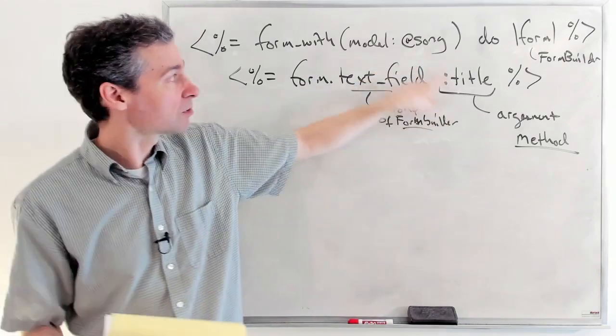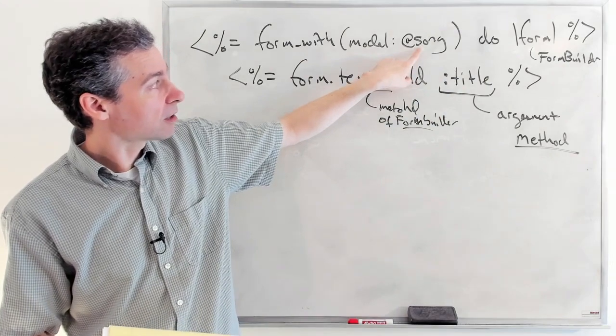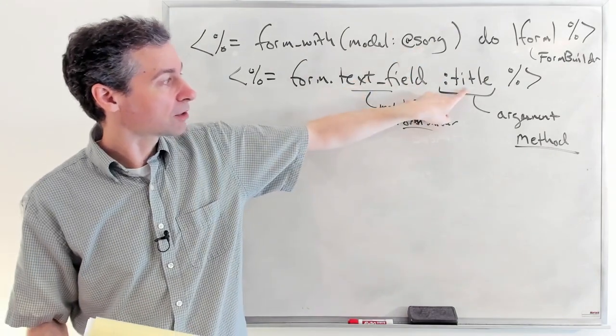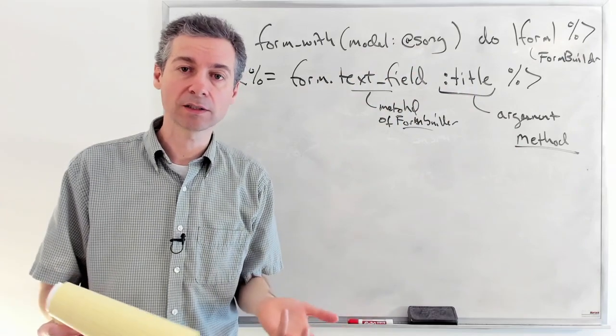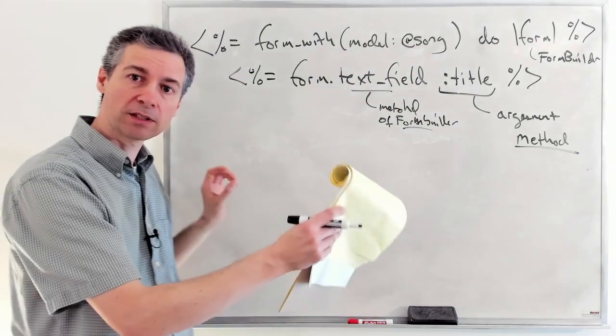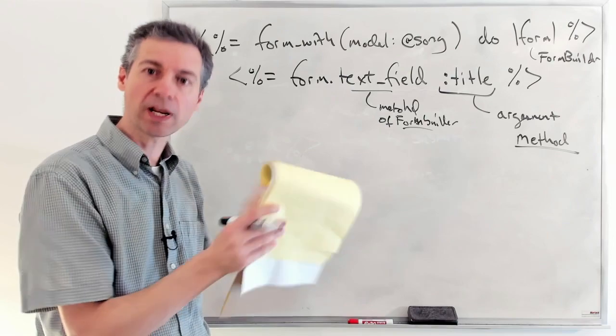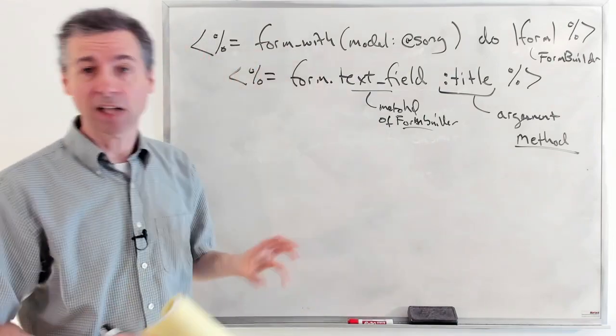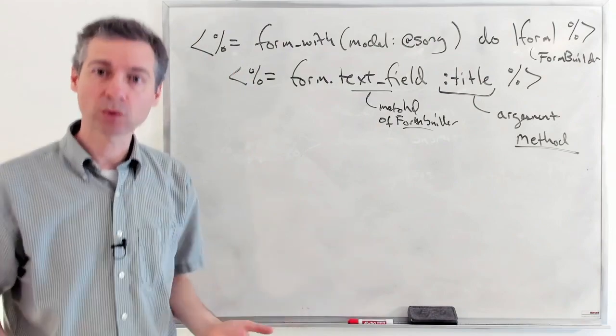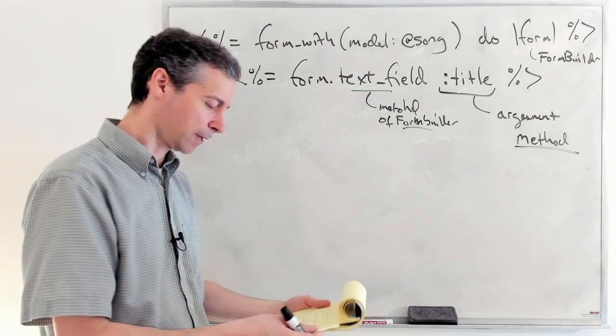So what they can do is call the title method on the object to obtain the existing title of that song and put it in the text field, and so the user can edit the existing title. That's a lot of stuff going on here, but that's the way it's working.